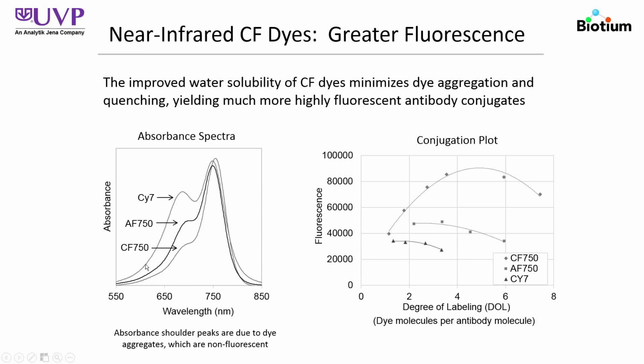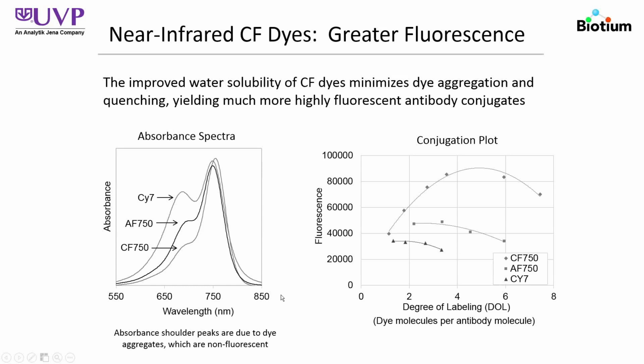The dye aggregates tend to show up in the spectrum as a shoulder peak on the absorbance spectra. And when the dyes are aggregated like this, they don't contribute to the overall fluorescence of the dye. So here's a comparison of the aggregation of Cy7, Alexa Fluor 750, and CF750, showing much less aggregation in the CF dye due to its improved water solubility.